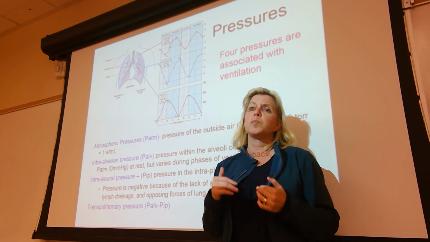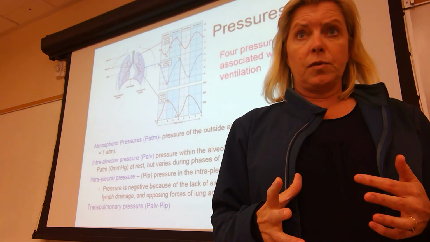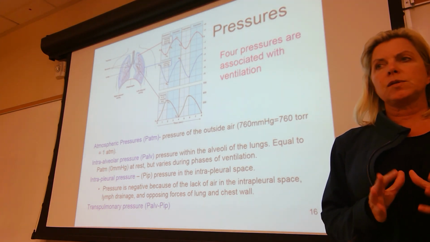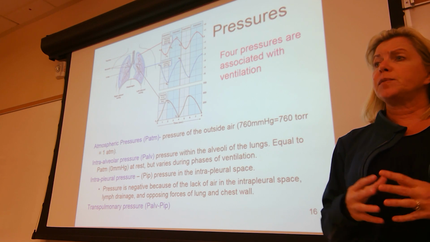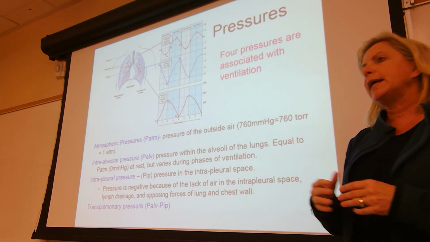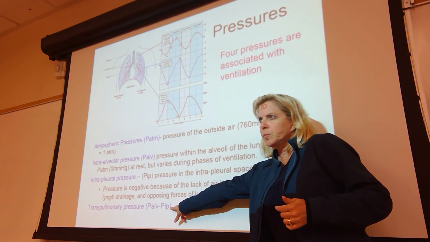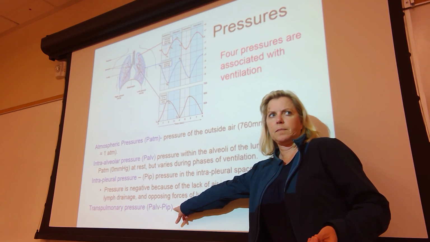That means transpulmonary pressure should always be positive. But it doesn't stay the same positive number. It can actually get to be a bigger positive number. How can I get a bigger positive number? By making the intrapleural pressure even more negative.